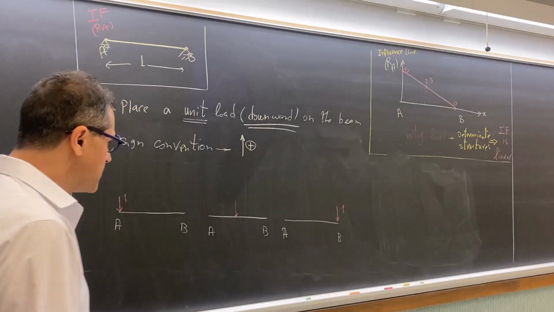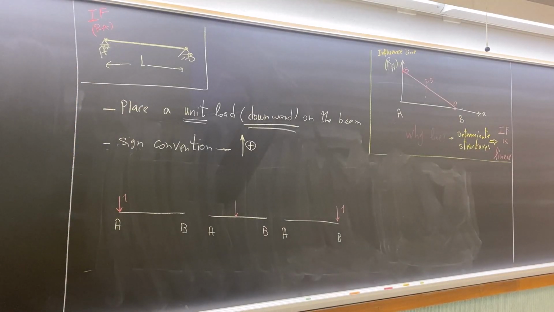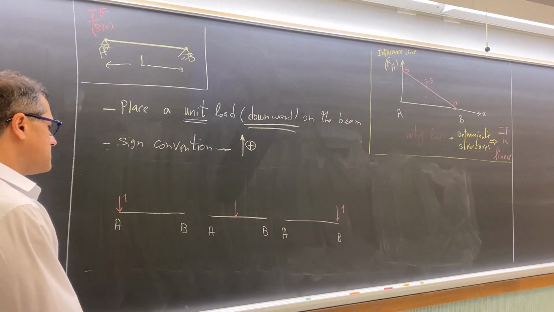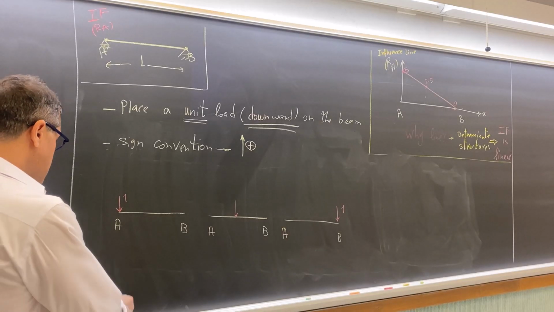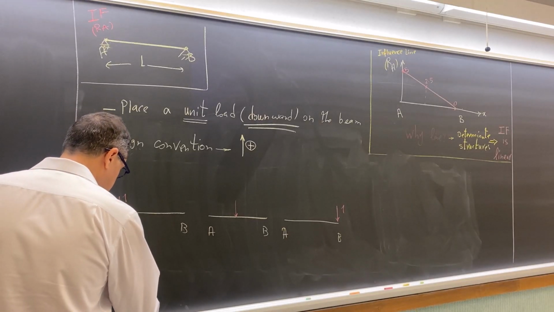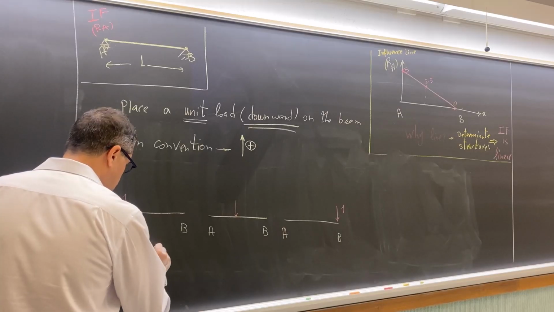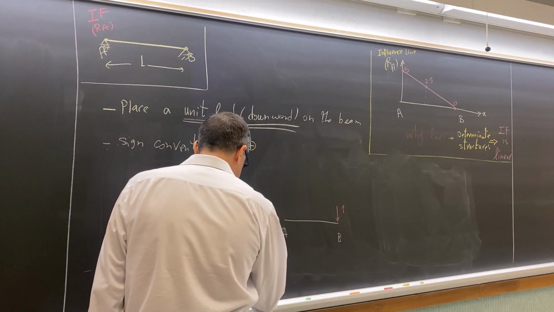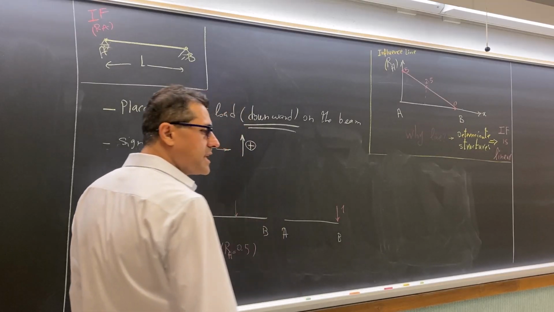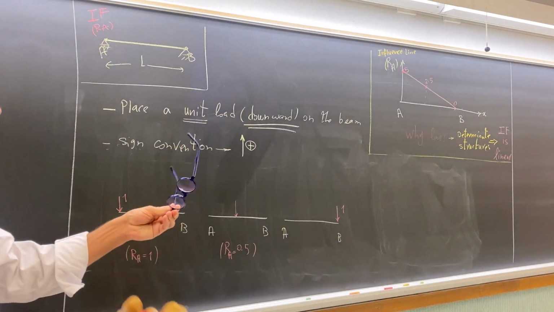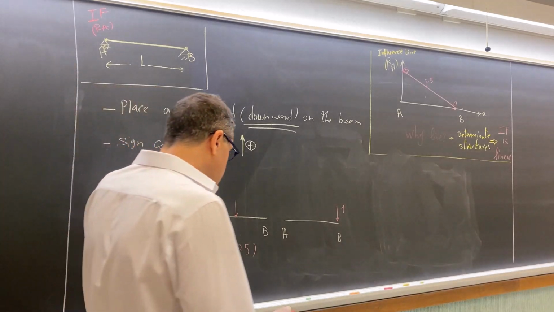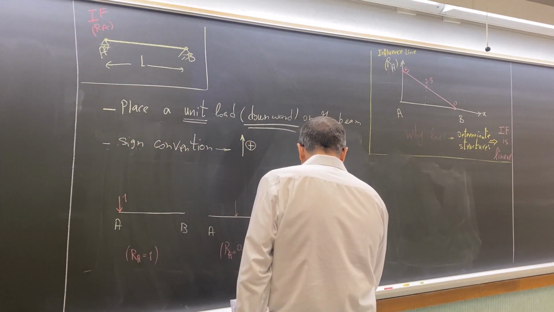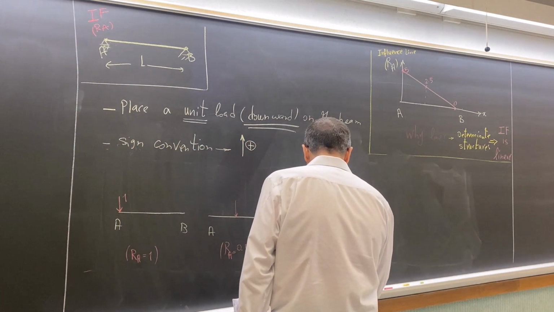The span of the beam is L. So if you calculate the reaction at point A, it is 1 here. Reaction at point A is 0.5. We don't use a unit. The unit could be Newton, pound, kip, etc. And reaction at point A is 0 here.